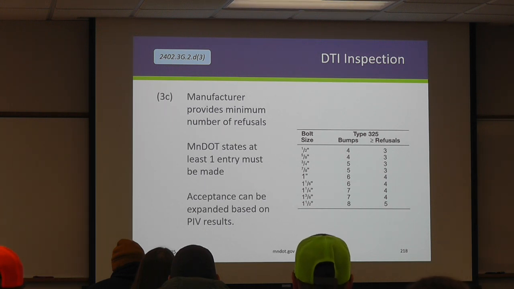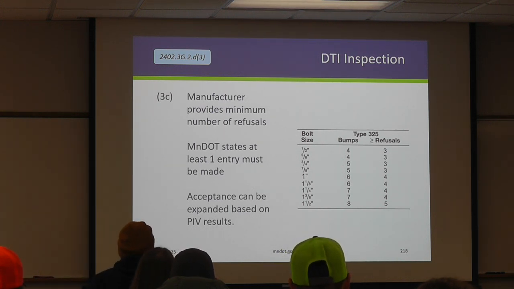So once they're all crushed, we don't know if they're a ton over, if they're 10,000 pounds, or excuse me, if they're 10 tons over, 20 tons over, right? So that's why it's important to MnDOT that we allow for one entry.